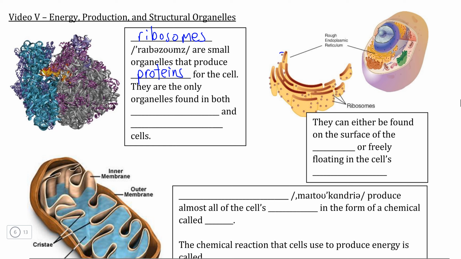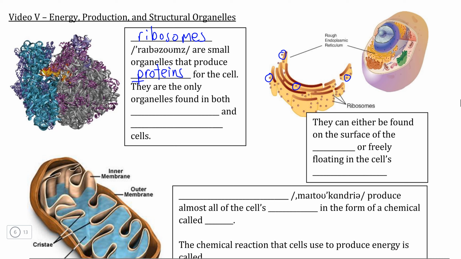So ribosomes are quite small compared to other organelles, as evidenced by the fact that they appear as little dots on the rough endoplasmic reticulum, but if we zoom in, they are actually incredibly complicated structures because the production of protein is a relatively complicated process that you will study in future years in biology.